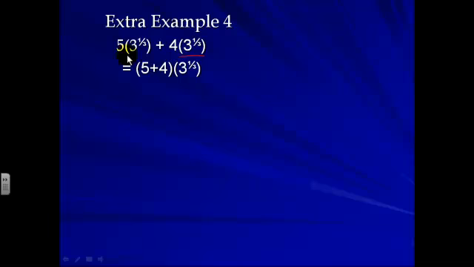Both have 3 to the 1/3. So if we factor that out, what I'm left with is 5 plus 4. Or you can think of these as like terms. If you had 5x plus 4x, then you're given 9x, which is what we have here, but in this case our x is 3 to the 1/3.